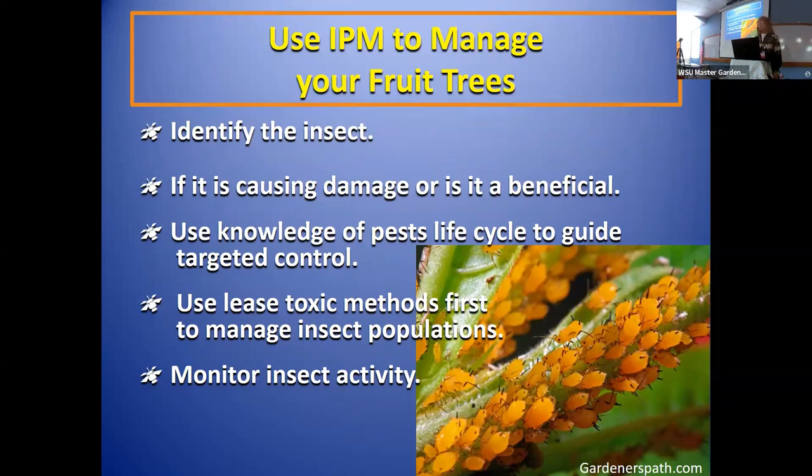And then monitor for insect activity. Remember to use your IPM tools to manage your fruit trees. You're going to create healthier fruit trees, and you're going to help to decrease pests. So remember also that there's this incredible diversity of insects, and there's not just one prescription. So with that, I'm open to questions.